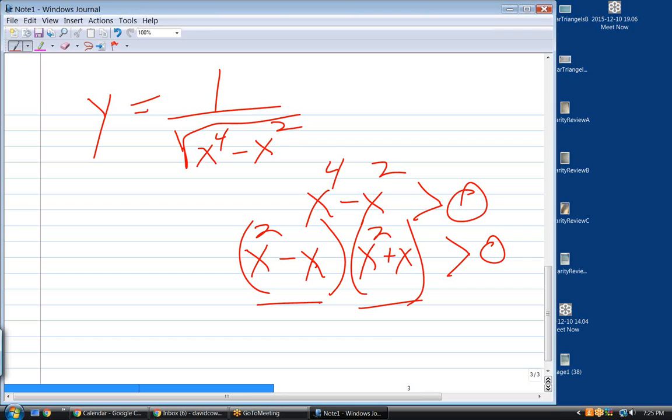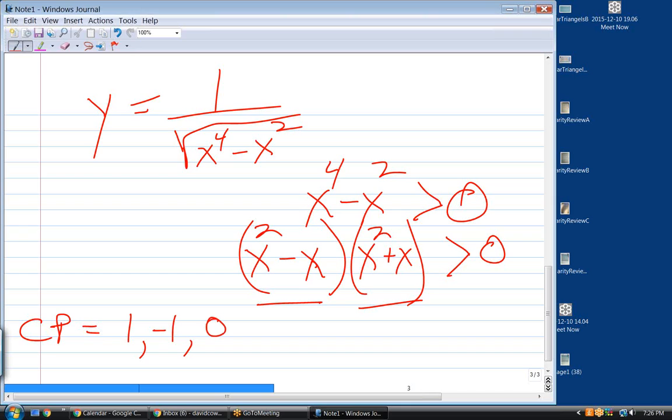Whatever makes that one 0. Wouldn't that be 1? No, this one isn't 0, but you're right. There's a couple of critical points. One of the critical points is 1, and the other is -1, and the other is 0.